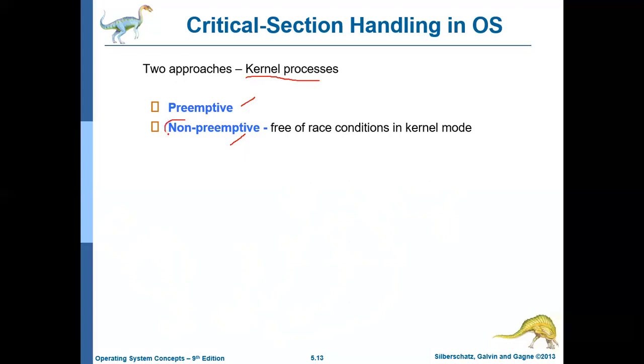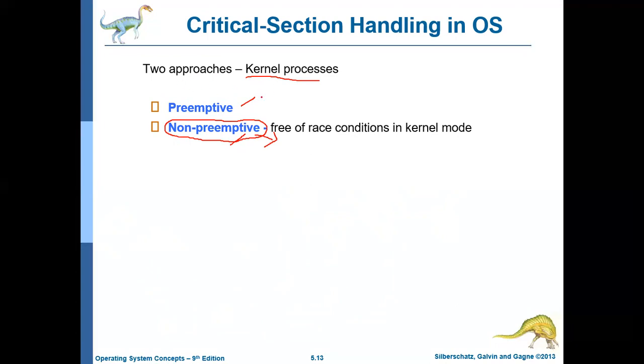Non-preemptive kernel process means once they get the CPU, they won't leave the CPU. Once the CPU is allotted to the kernel process, it will not give up the CPU until it goes into IO wait, or until it terminates, or until it voluntarily gives up. Whereas a preemptive process can be preempted in between. If there is any interrupt or any other request that comes to the operating system, then this process can be preempted.